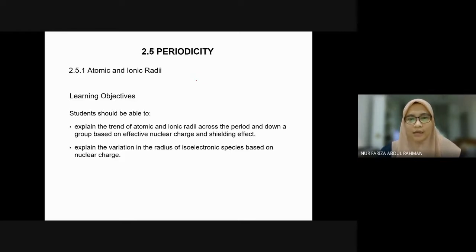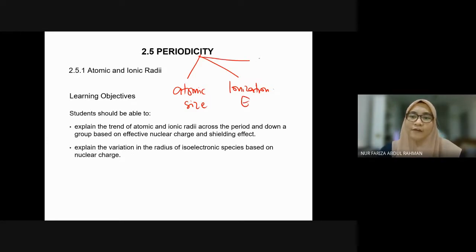Once is the behavior of atomic size. We also want to know ionization energy. And then we have electron affinity. And last but not least, we also have electronegativity.